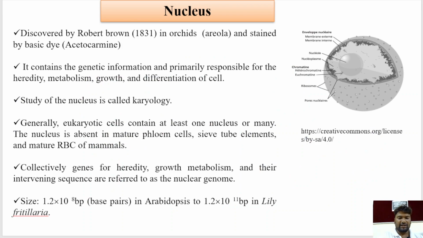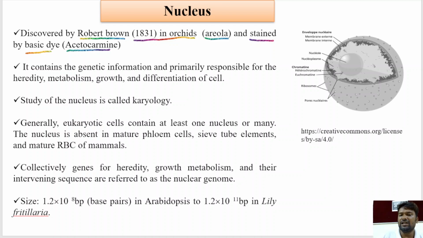So let's start with the nucleus. You know that the nucleus was discovered by Robert Brown in 1831 in orchids and named areola. The nucleus can be stained by basic dyes such as acetocarmine.